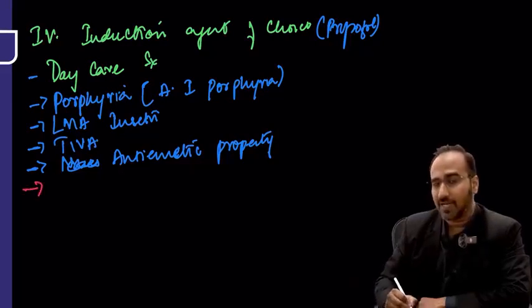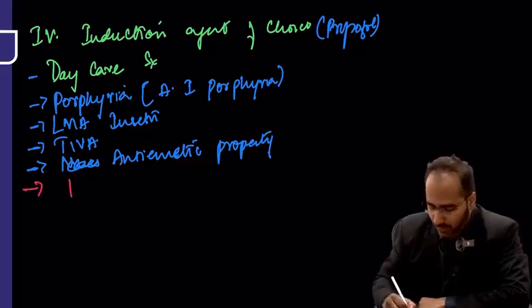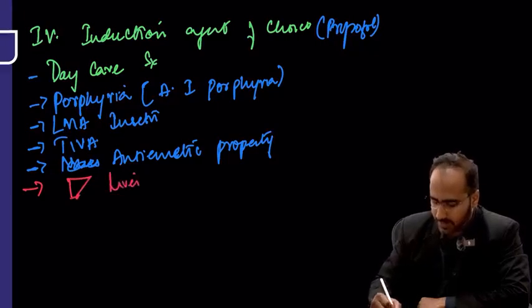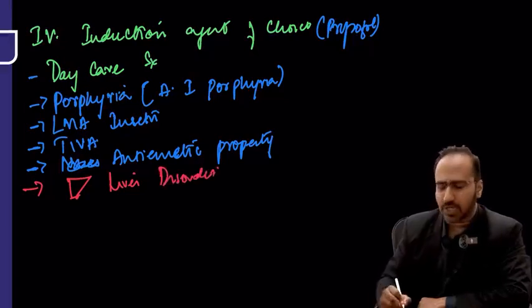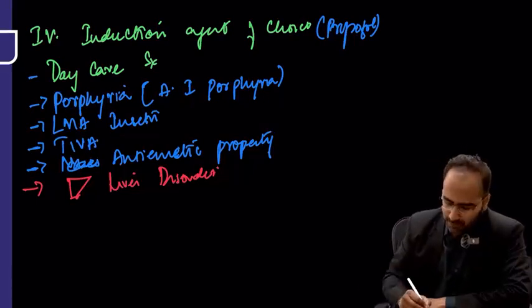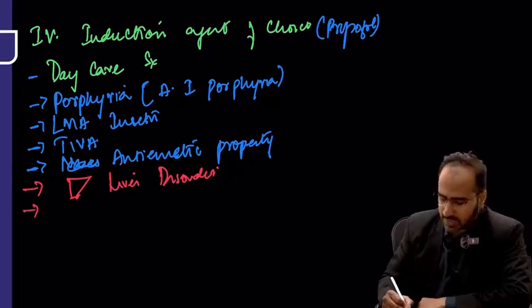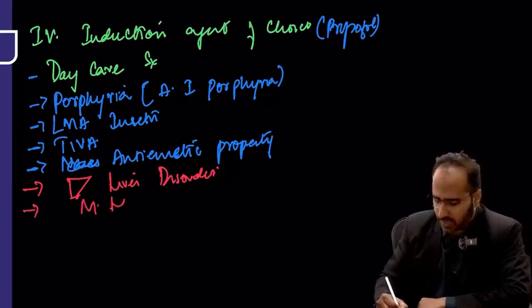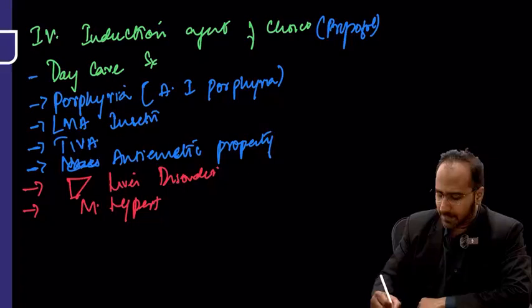Propofol is the IV induction agent used for liver surgeries or liver disorders. If a patient has a liver disorder, the IV induction agent of choice is propofol. Propofol is also the IV induction agent of choice for malignant hyperthermia.